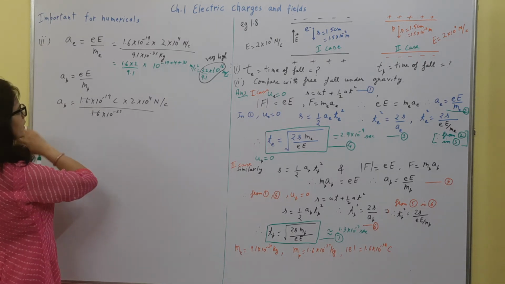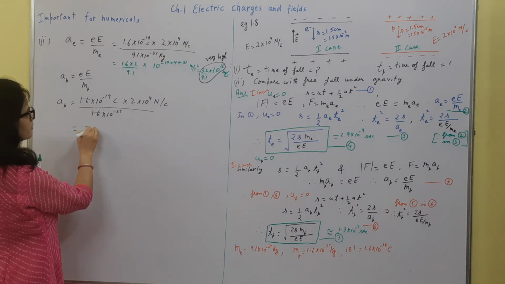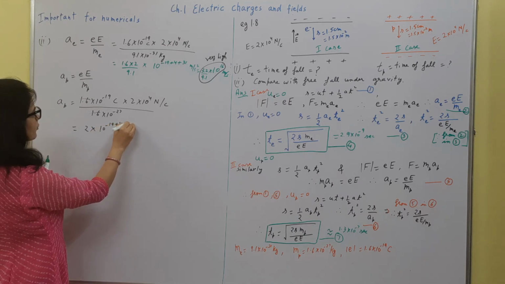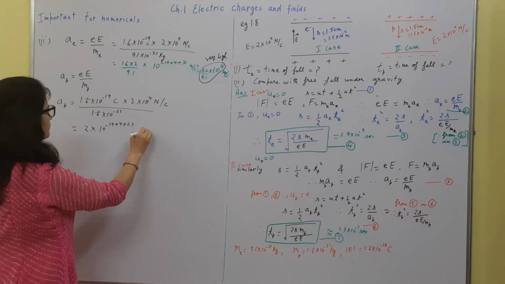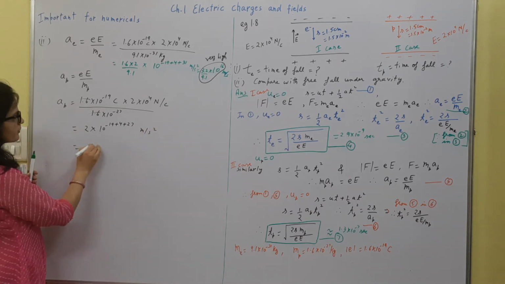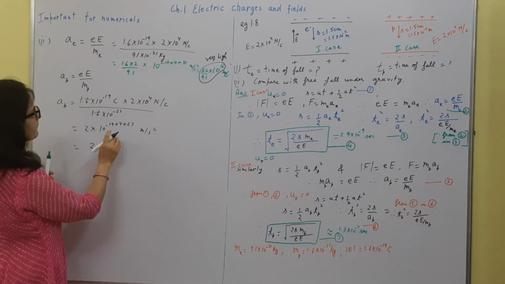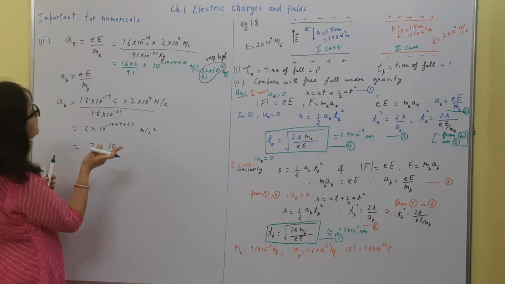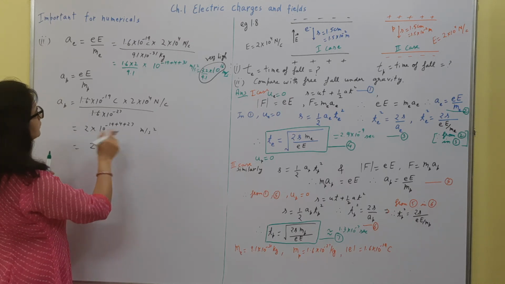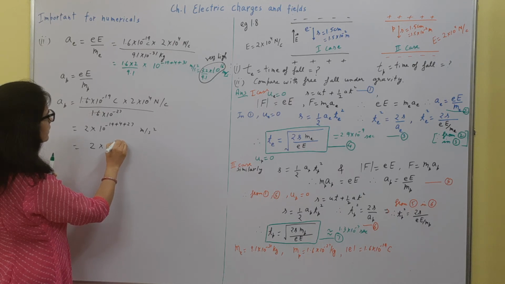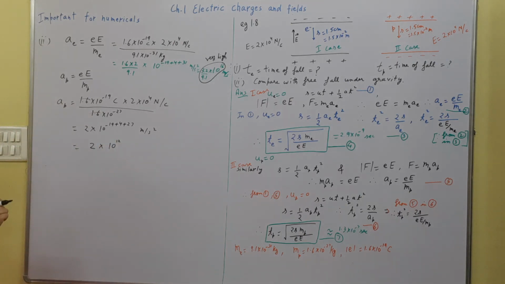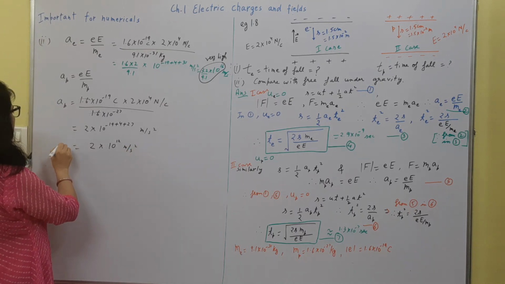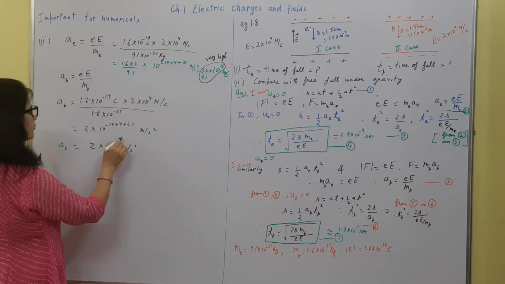Now this will be 2 into 10 to the power minus 19 plus 4 plus 27 meter per second square. So this gives 2 into 10 to the power 27 plus 4, 31 minus 19, which makes it 10 to the power 12 meter per second square. So the acceleration of proton is also very, very high.